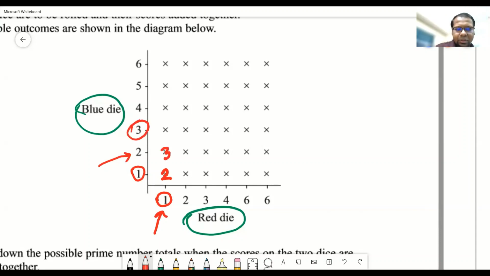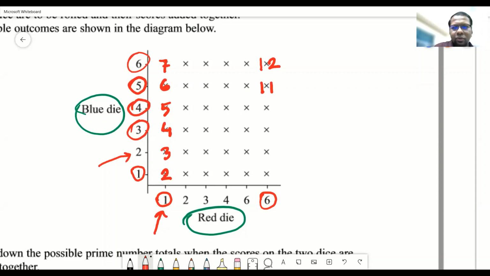Similarly, 3 plus 1, 4, 4 plus 1, 5, 6, 7. So these things can happen. And in another case, when you roll it, you can obtain 6 and 6 from both the dice. So 6 plus 6, it's 12. 6 plus 5, it's 11. 6 plus 4, it's 10. So in this way, you need to complete the diagram.